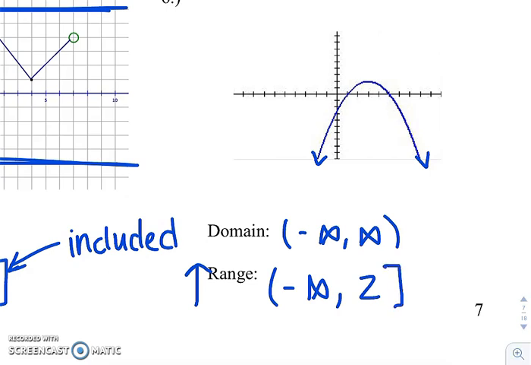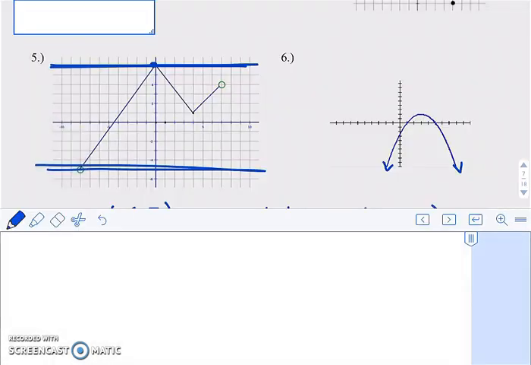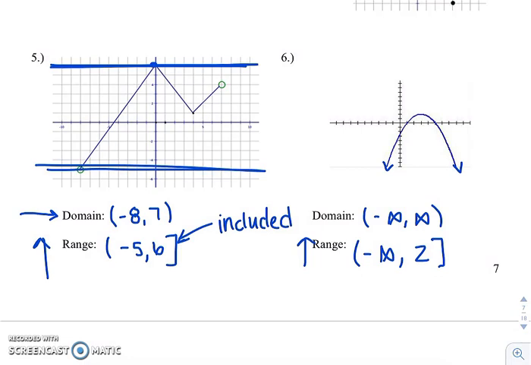That's part of the function. We're going to include that in the range. So the only time we're using parentheses is if we have infinity, or if there's specifically an open dot there, like we're just approaching the value. We're not actually reaching it or including it.